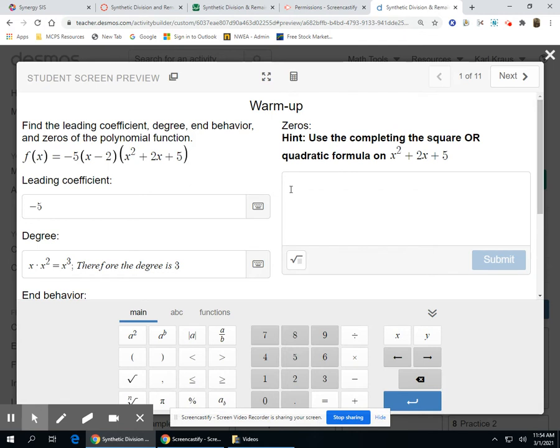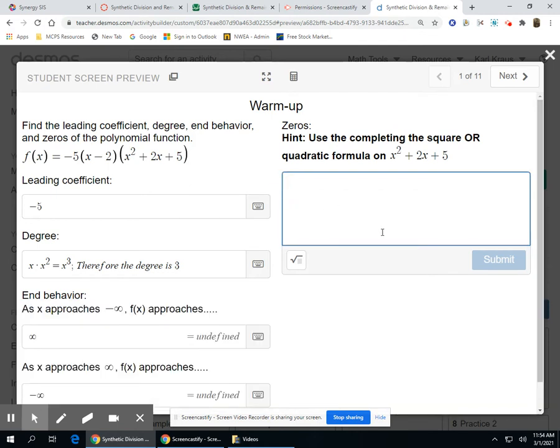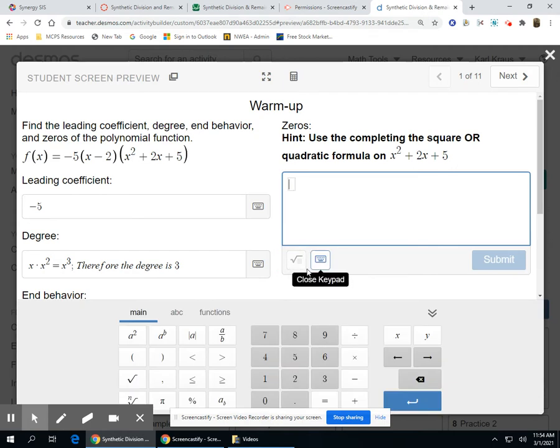And then to find the zeros, equate everything to 0.